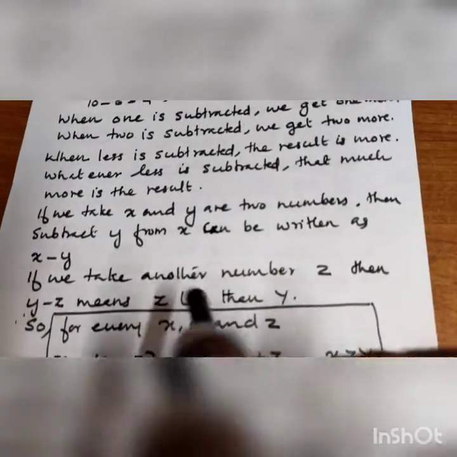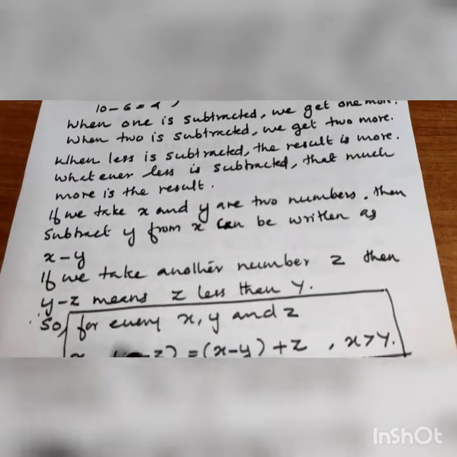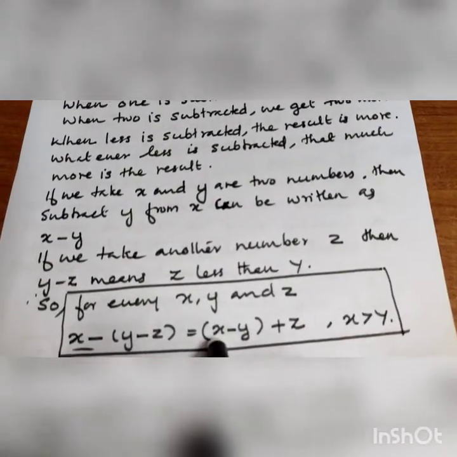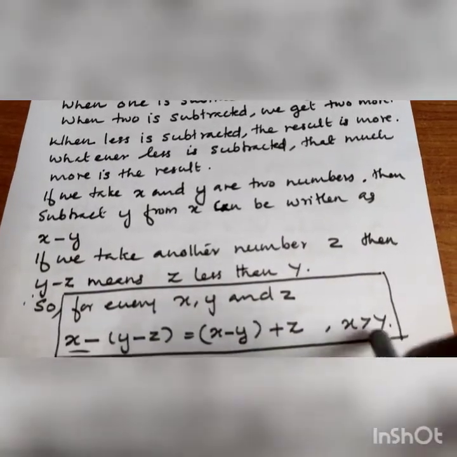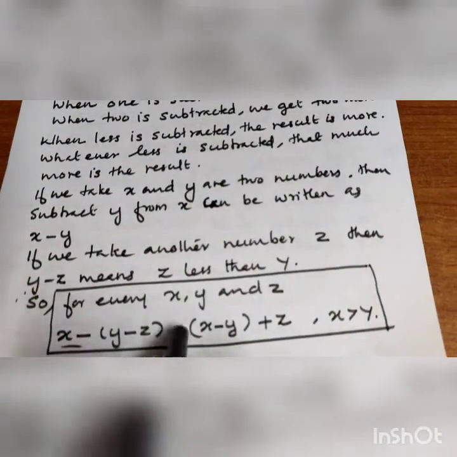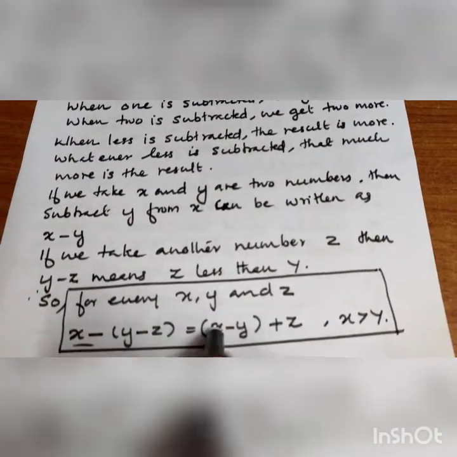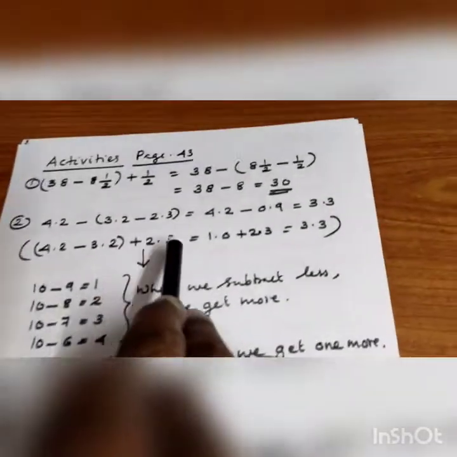So, for every x, y and z, x minus (y minus z) is equal to x minus y plus z, where x is greater than y. That principle is used here.